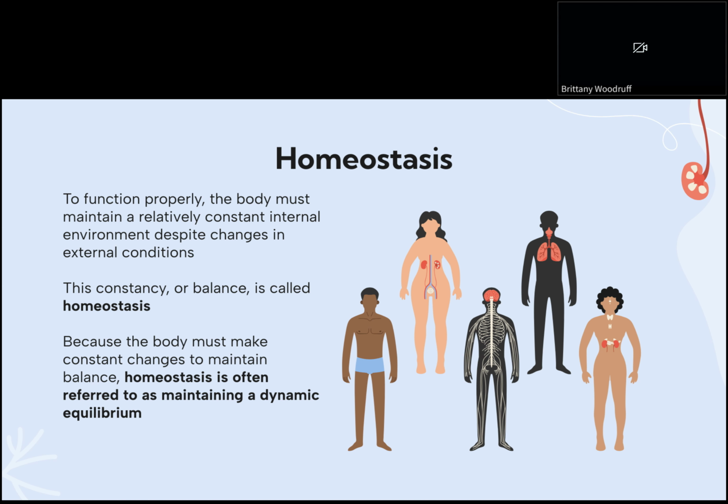Okay. Last thing for chapter 1, and then we will go on break. Homeostasis. This last part of chapter 1, page 8. Homeostasis is defined as maintaining a dynamic equilibrium. What do I mean by that?